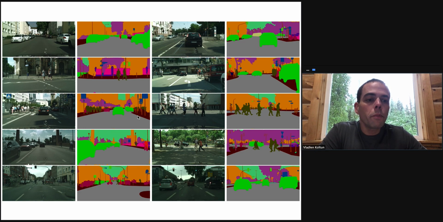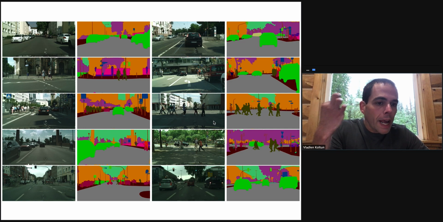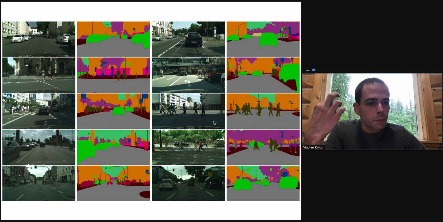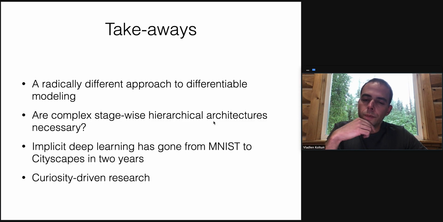It is amazing to me that such results are produced by a model that is essentially unlike anything else in this field. Essentially a shallow, single layer model that operates based on radically different principles than other models in this field.